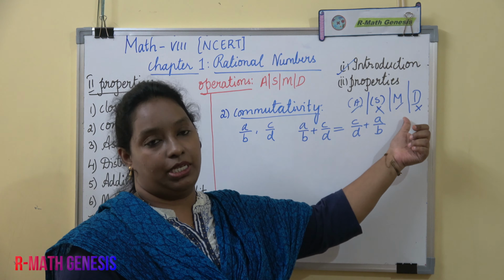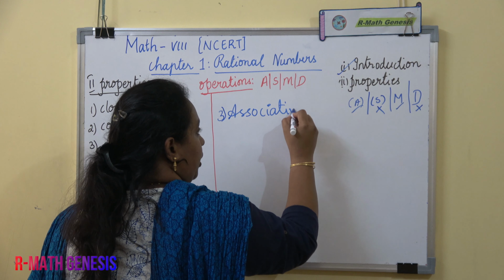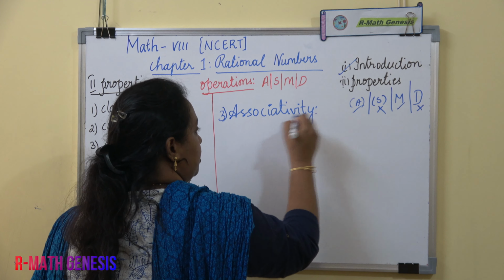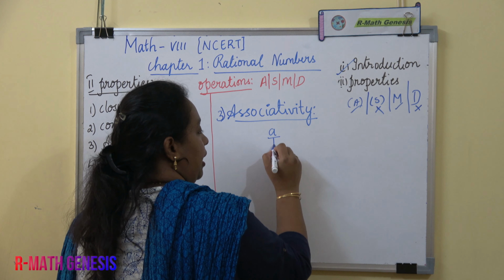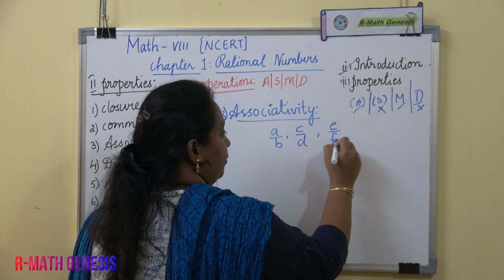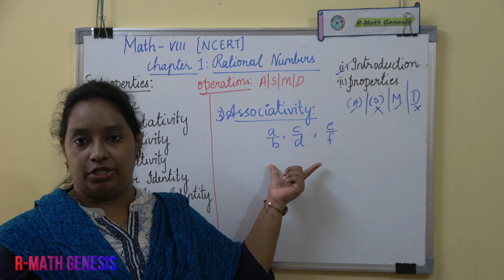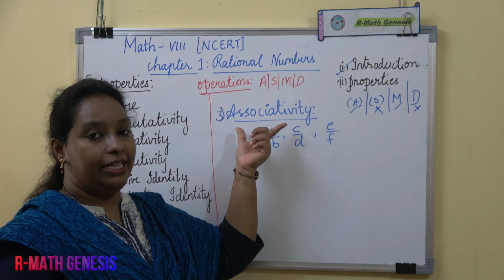What does associativity say? Here we take three rational numbers, A by B, C by D and E by F. If we group three or more rational numbers in any order, the answer should be the same.